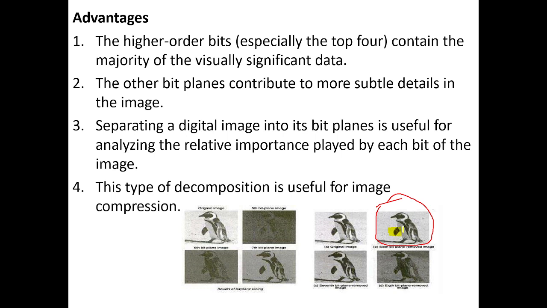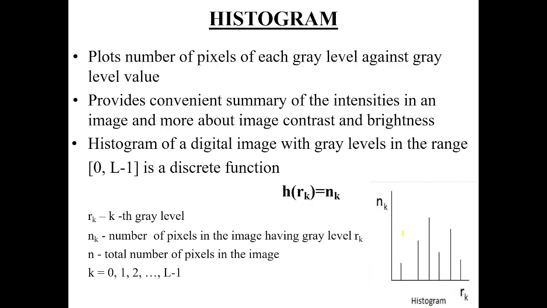So it will take the number of pixels of this darker shade, this darker shade. Whichever is matching with that number of pixels, it calculates and plots the graph of that. So these many pixels, nk pixels, have a gray level of rk.